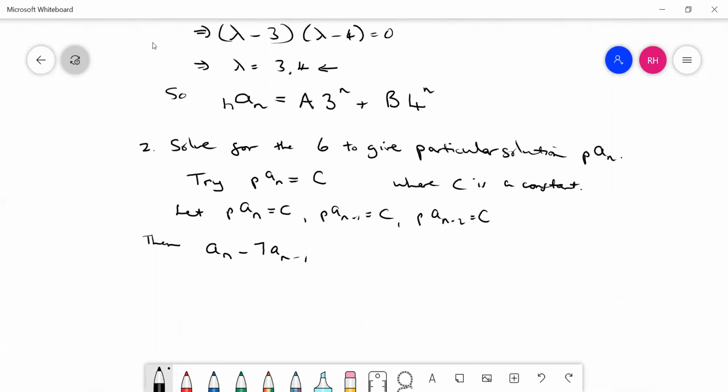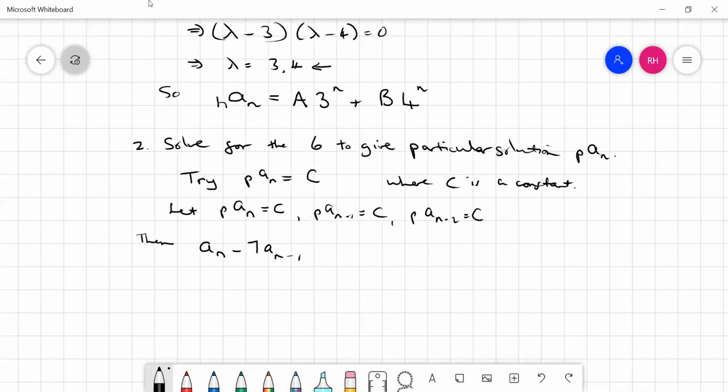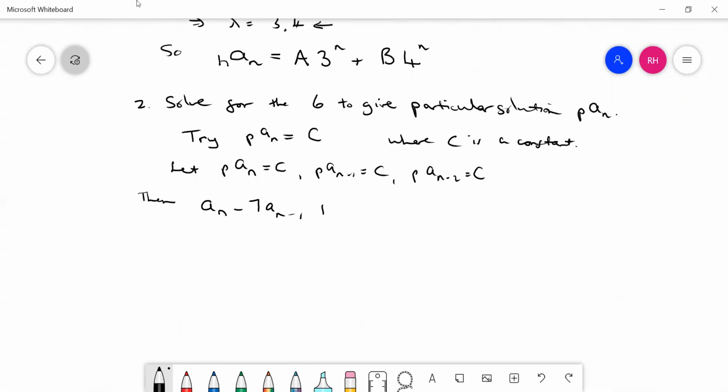That was minus 12 or plus 12? I think it was plus 12 here. Plus 12 AN minus 1. What does that equal? Well, AN equals C, so it's C minus 7 times C plus 12 times C, which is equal to 6C.